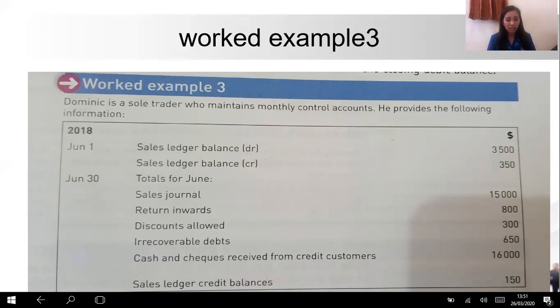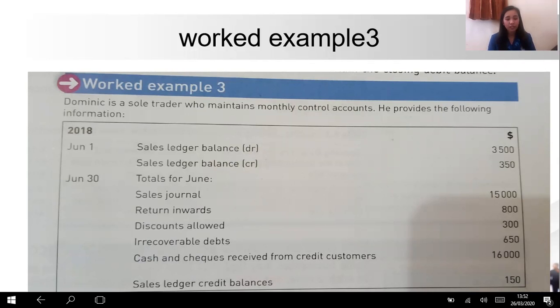Sales ledger balance credit 350. Okay, so the total for June: sales journal 15,000, returns inwards 800, discount allowed 300, irrecoverable debt 650, cash and check received from credit customer 16,000, sales ledger credit balance 150.